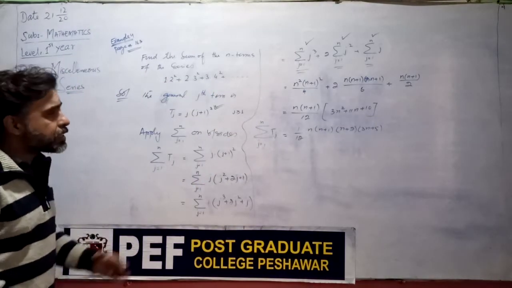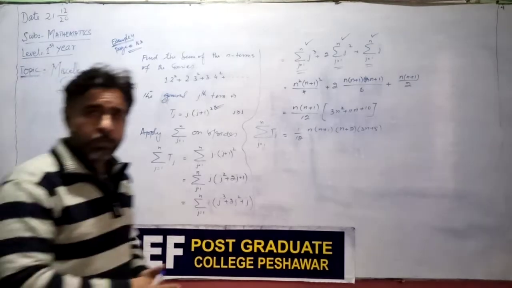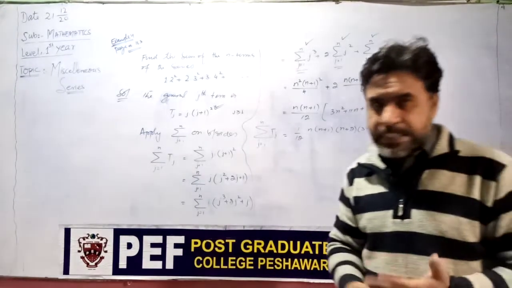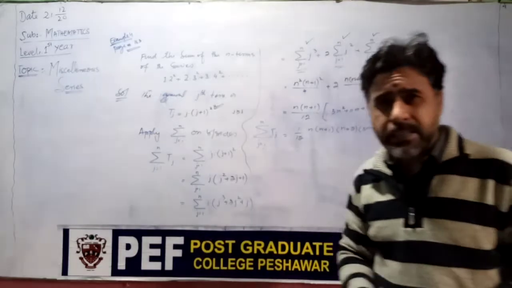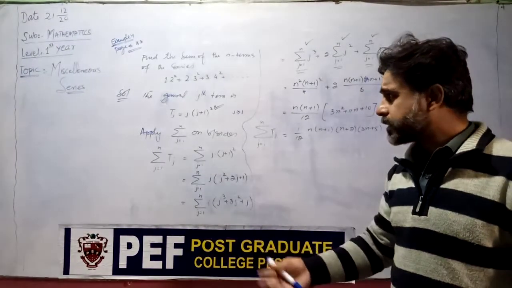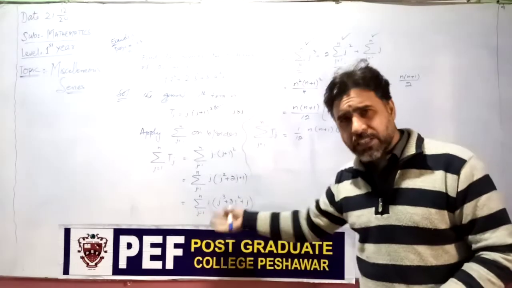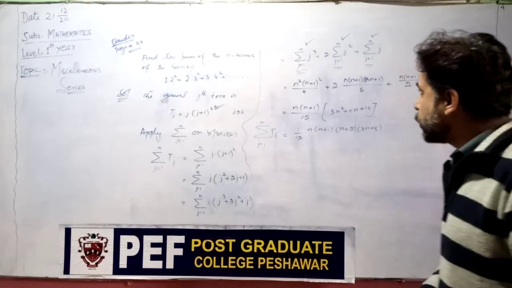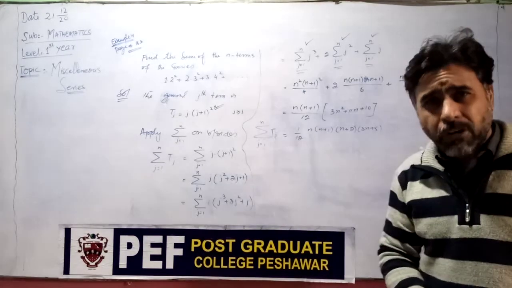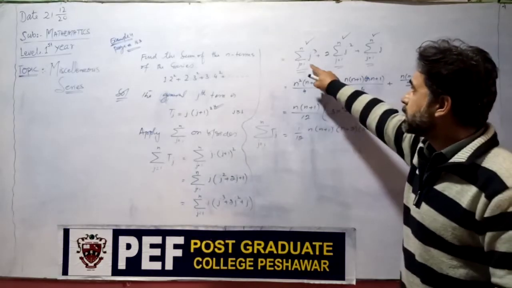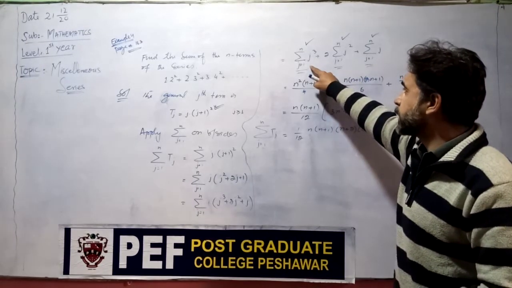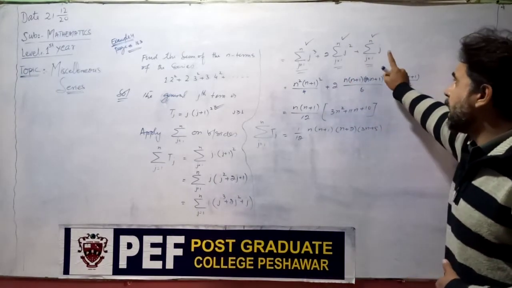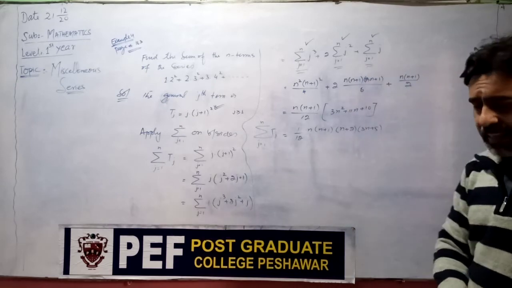It is so simple: when we find the sum of the n terms of a series, we need the general term of that series, and then you just apply the summation, and you will require those basic formulas which we have already calculated, the summation of the cubes of the first n natural numbers, the squares of the first n natural numbers, and the summation of the first n natural numbers.